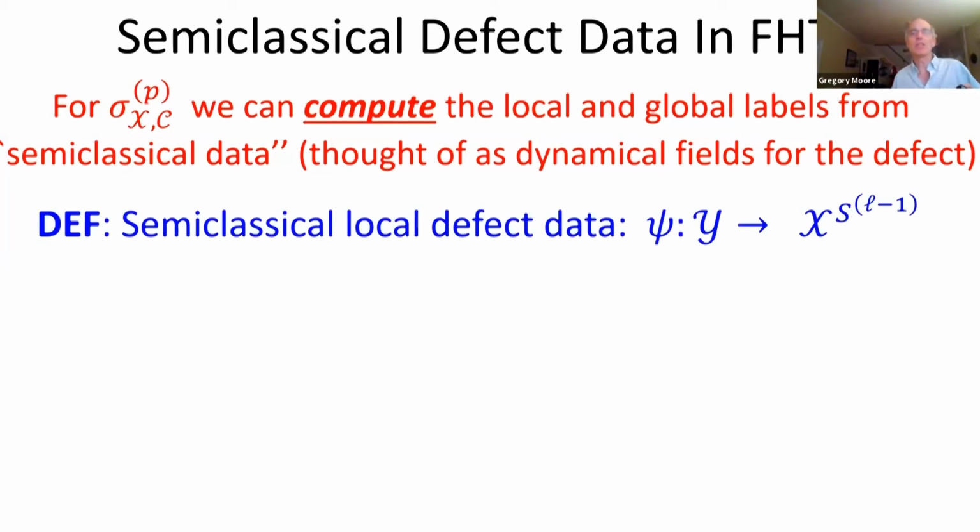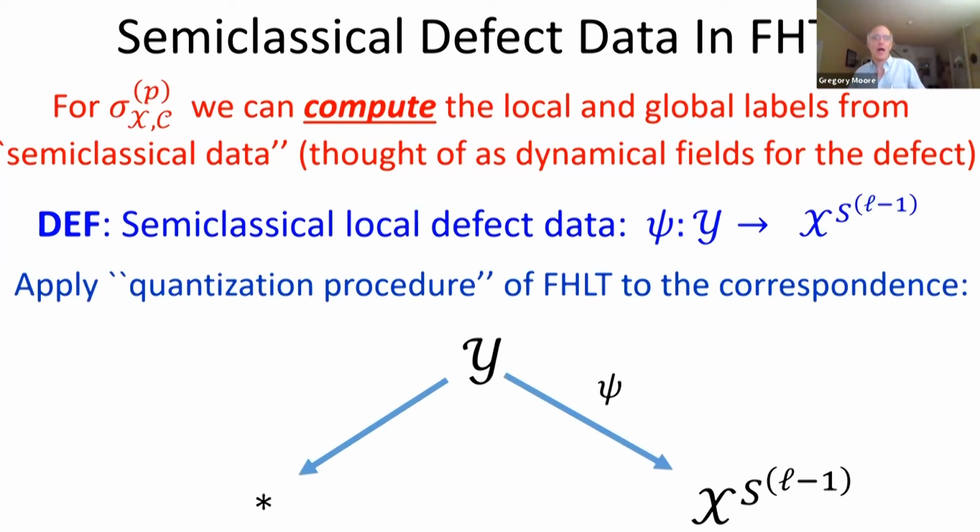The definition of semi-classical local defect data is some topological space Y and some continuous map psi from Y to the mapping space X^{S^{L-1}}. Then we'll apply the quantization procedure of FHLT to a correspondence that looks like this.